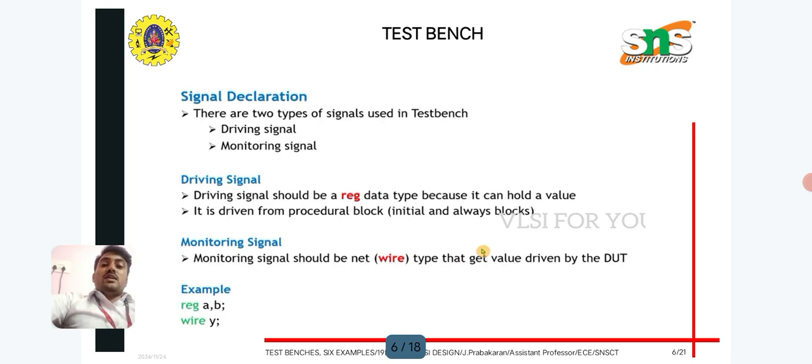Next one is monitoring signal. A monitoring signal should be a net, that is wire type. The wire means interconnection between two gates, a type that gets its value driven by the design under test. And here you can see some examples.